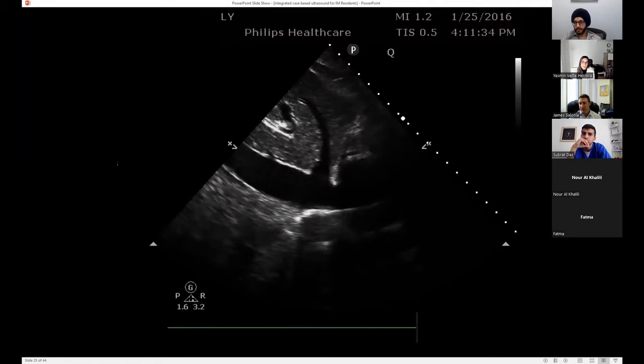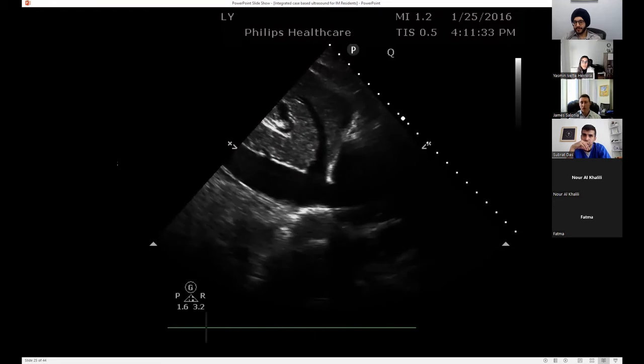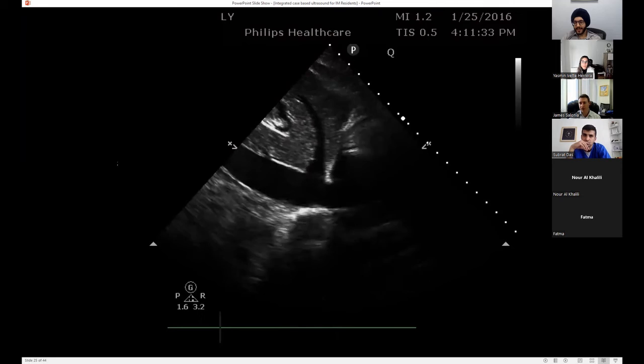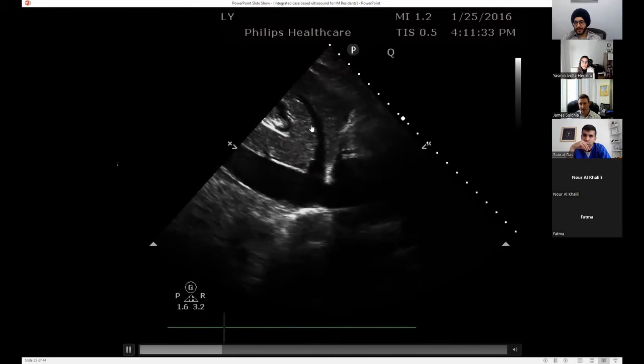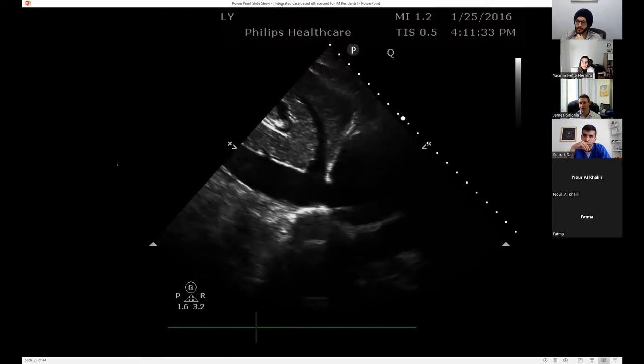In spontaneously breathing patients, and that's how we always want to remember that. For the vast majority of the time, we are looking at spontaneously breathing patients who aren't on ventilators. Now, the one exception in a spontaneously breathing patient is something we call a virtual IVC. So if you have a very slit-like IVC, if your IVC looks like this up here, right, and there's collapsibility with respiration, that's what we call a virtual IVC.